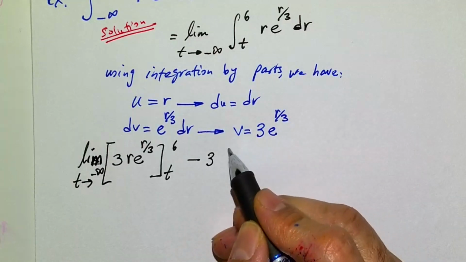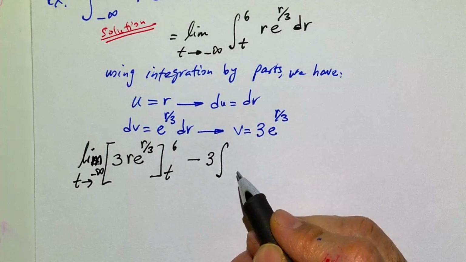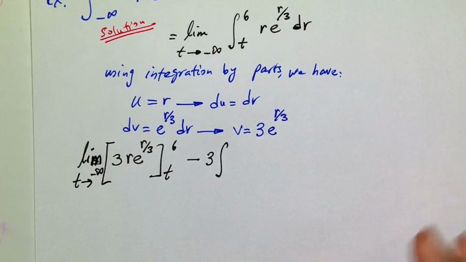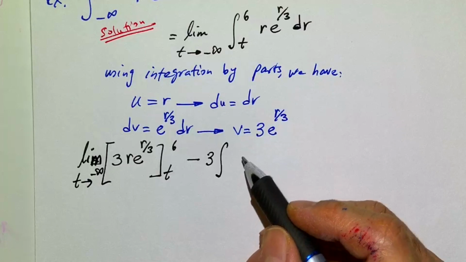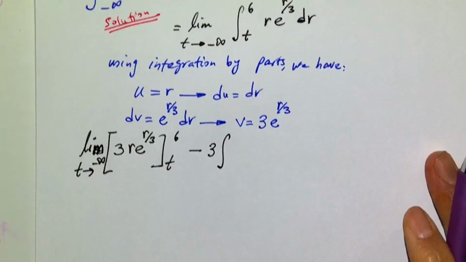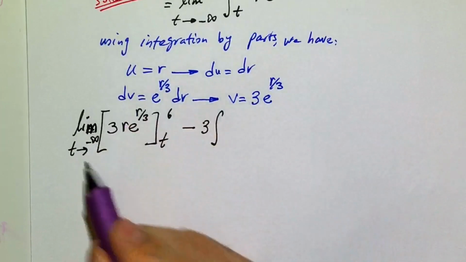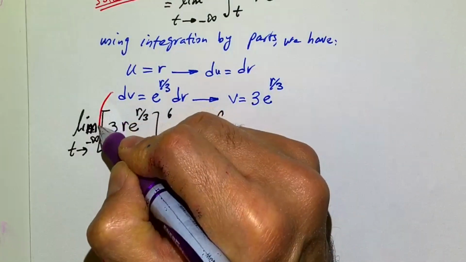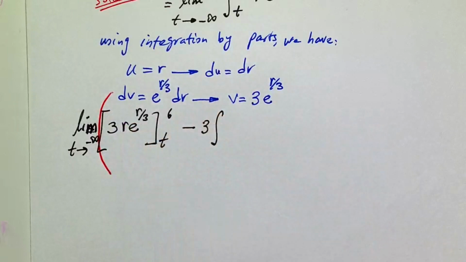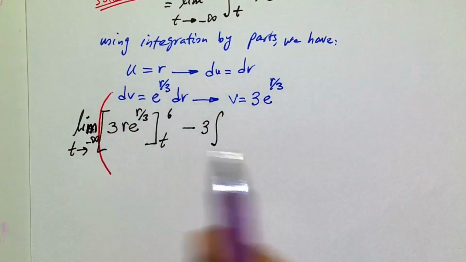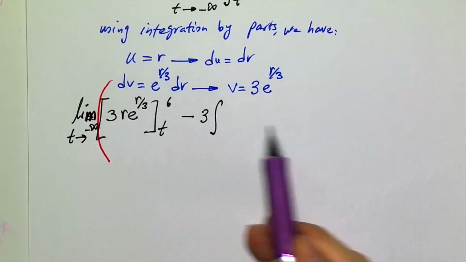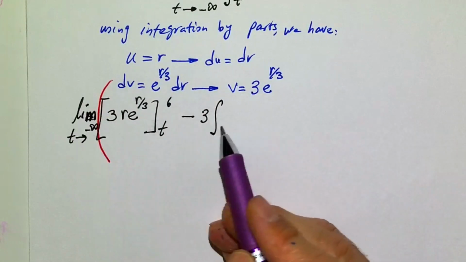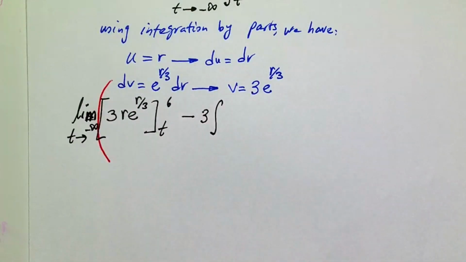And then we have, well, since I forgot the limit, I'm just going to put the whole thing inside parentheses. That way, this limit as t goes to negative infinity applies to everything inside the red parentheses.